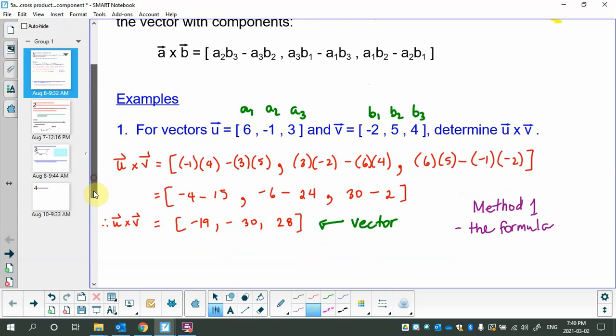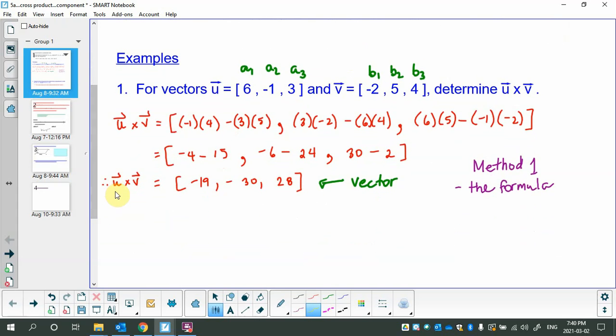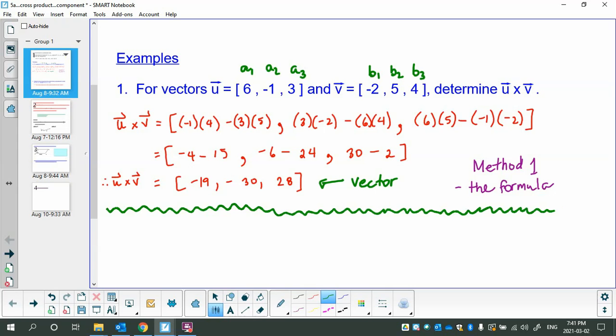All right, so let me show you a second way. I'm going to show you a second way that's side by side. I have seen a second way that is up and down. If somebody shows you a different way, that's totally okay, as long as you end up with the same answer, which is components -19, -30, and 28 here. So this method, I don't have a special name for it. I call it the Scribble Method.